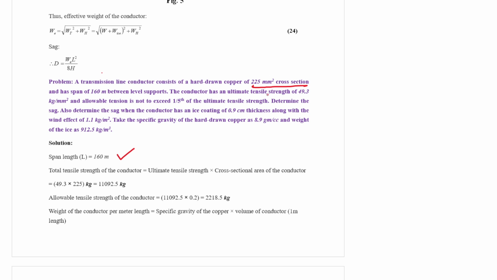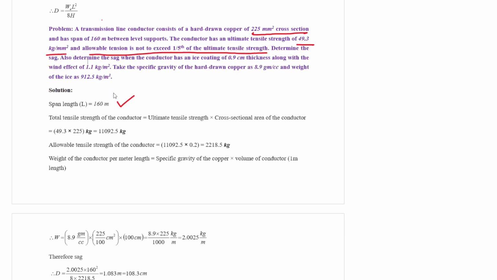The conductor has an ultimate tensile strength of 49.3 kg per mm square, and allowable tension is not to exceed 1/5 of the ultimate strength. Let us first determine the total tensile strength. For a cross-sectional area of 1 mm square, the tensile strength is 49.3.